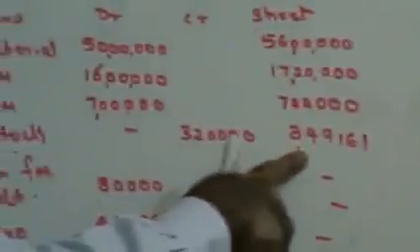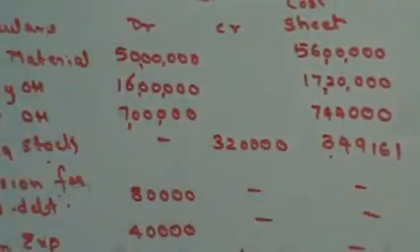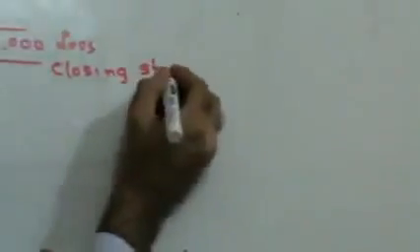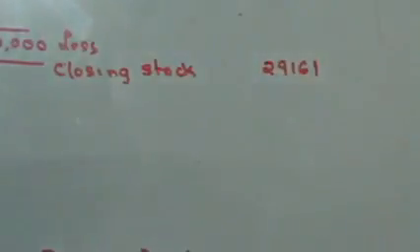Then you have closing stock is more, but since it's a credit side entry, it will go in less column. So closing stock 29,161.